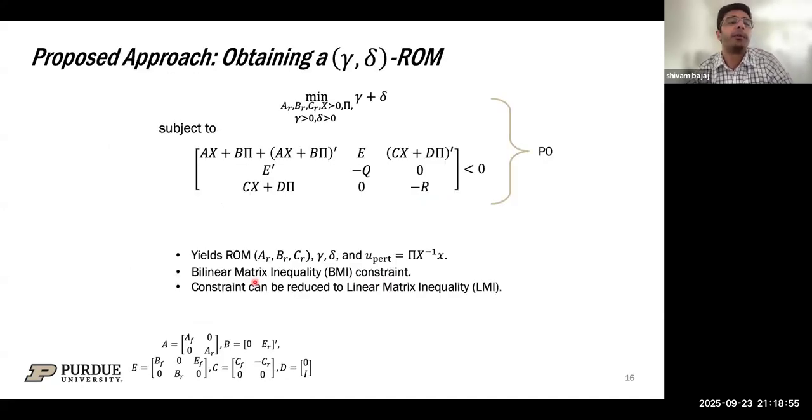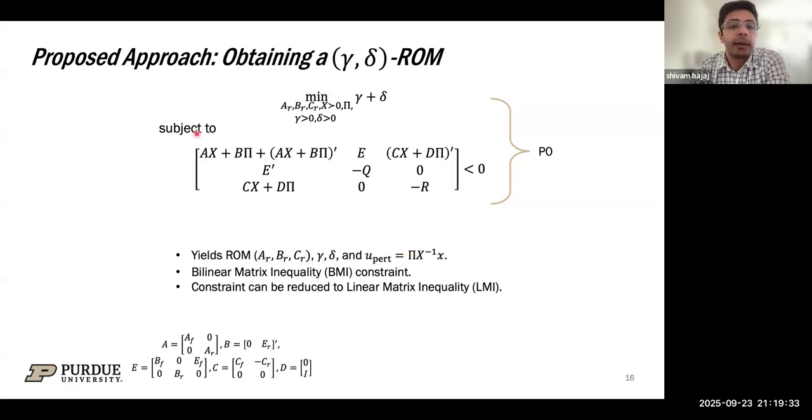So in our work, we propose a method to design gamma-delta reduced order models based on this concept of gamma-delta similarity. The way we do so is we come up with an optimization problem where we minimize the constants gamma and delta. We also minimize over these matrices A_R, B_R, C_R, which characterize the reduced model. And then there are these additional optimization variables, X and Pi, which characterize the perturbation signal that is applied to the reduced order model.